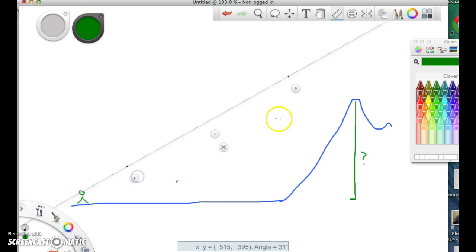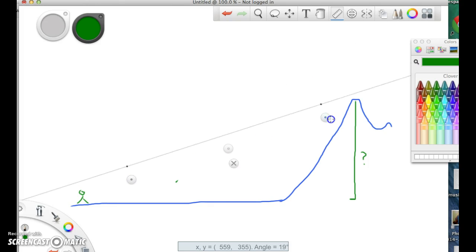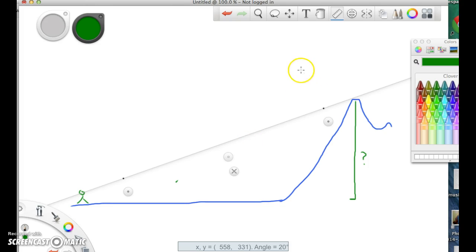Let's say you got some survey tool, you measure the angle from here to here. Well, this would work really well because you can measure that angle, but you'd have to measure from here through the bottom of the mountain to here. And you're not going to be able to dig a tunnel through there. That's not going to work.